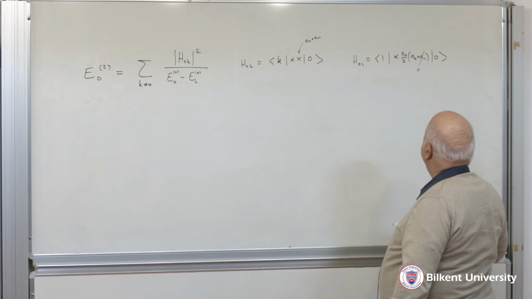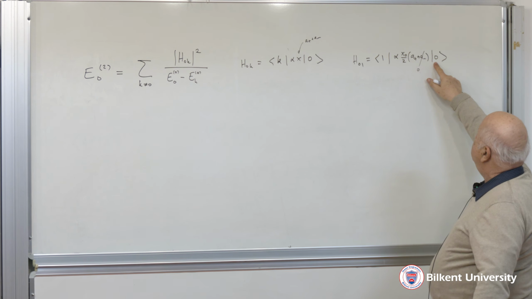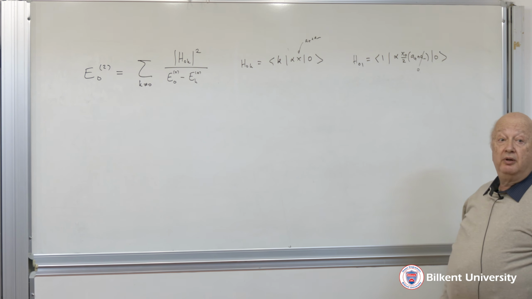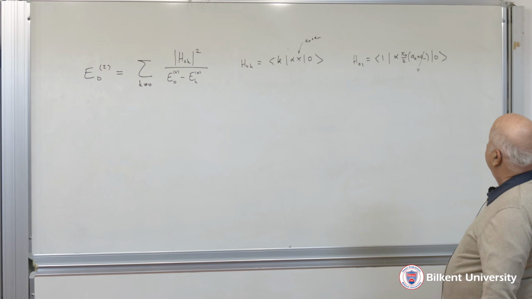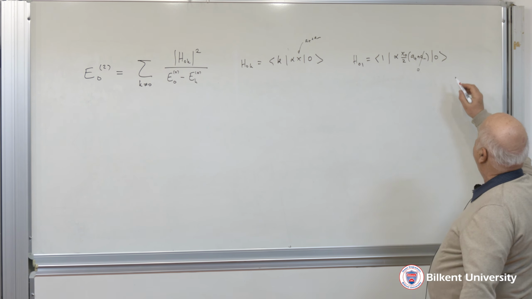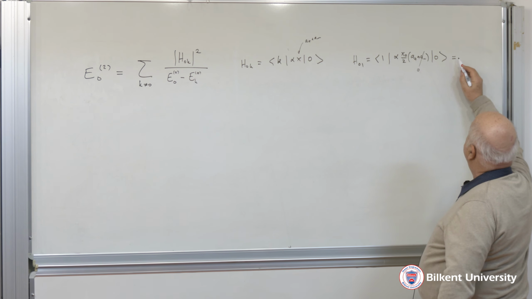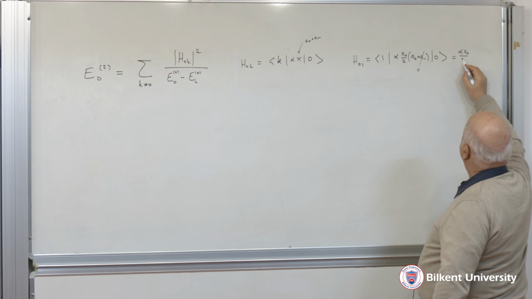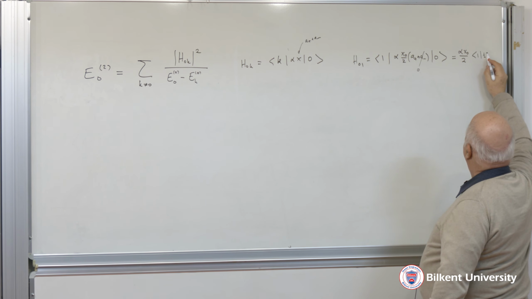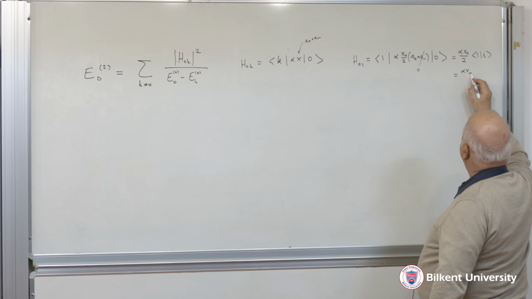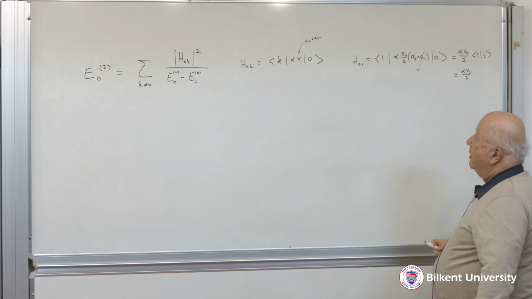So a plus times 1 just gives me alpha x0 over 2. A plus on 0 is 1, so it's going to be alpha x0 over 2.